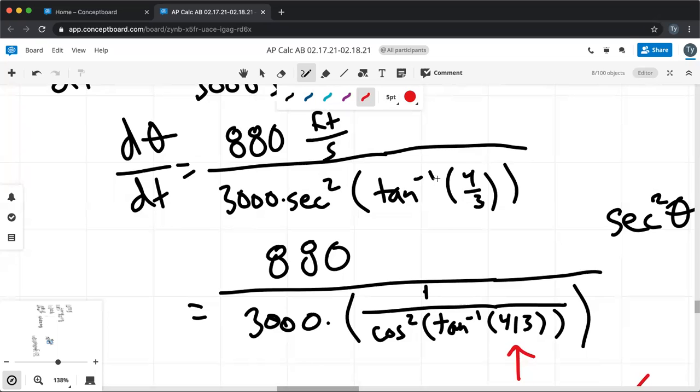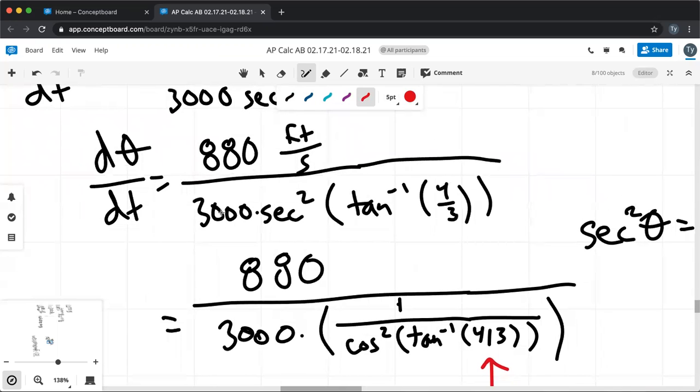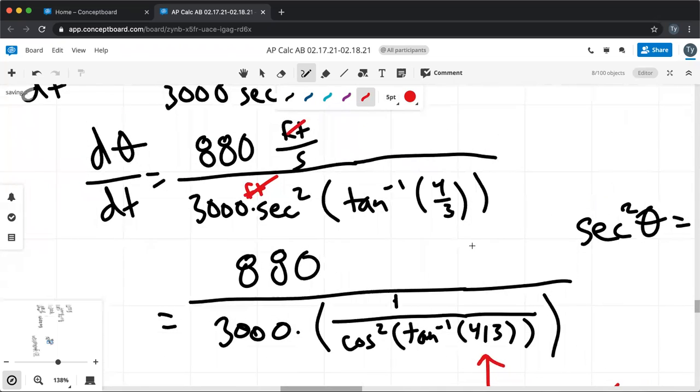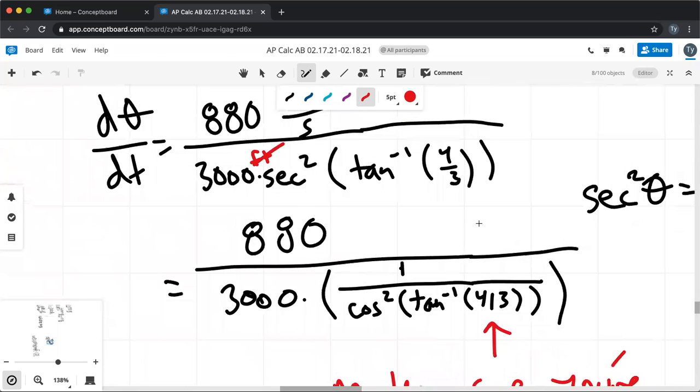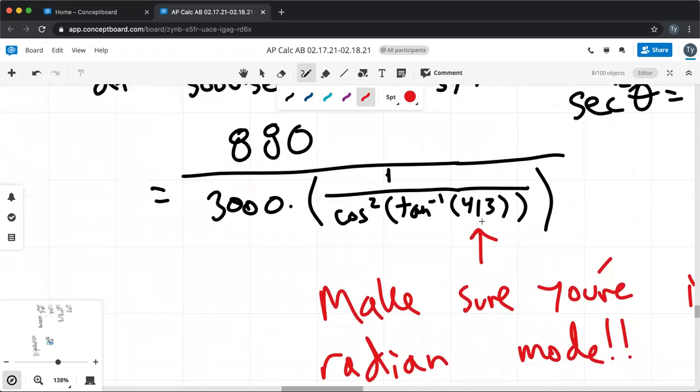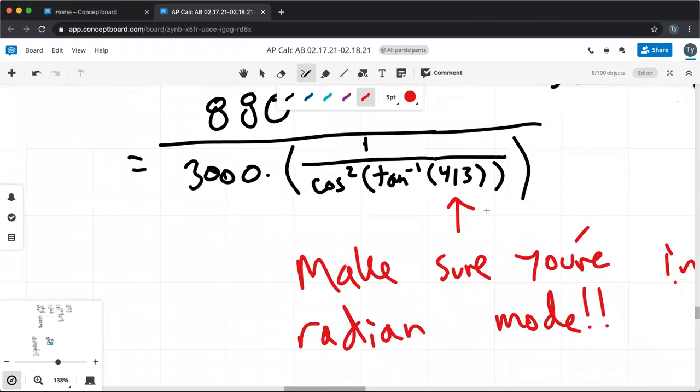Secant squared of this angle is unitless. And we had 3000 feet times all this unitless stuff. So the feet and the feet are going to cancel out, and we get units of 1 over seconds. But wait, I said that this was in radians per second. Well, remember, radians are effectively unitless.